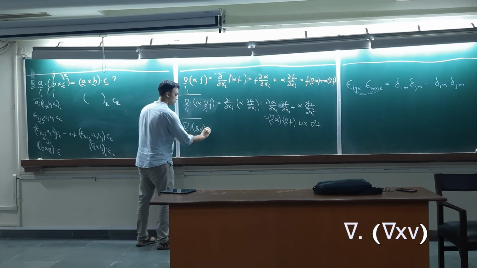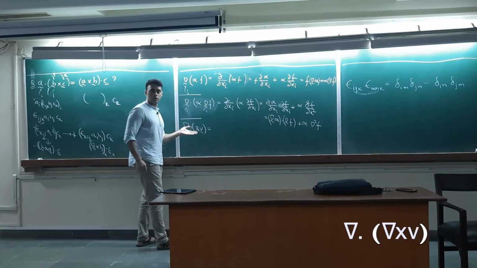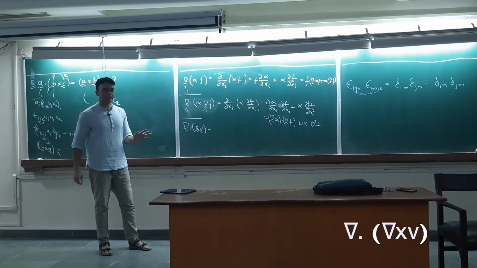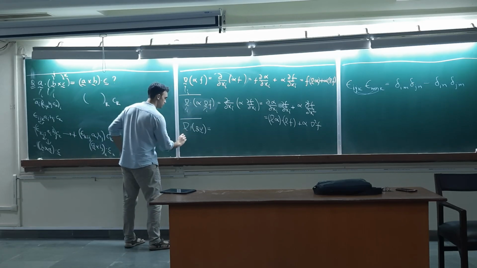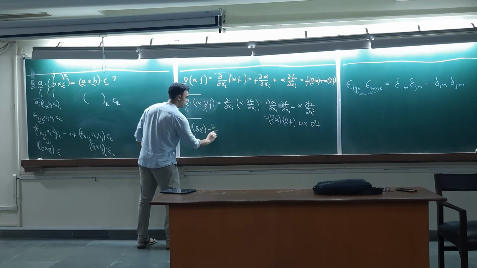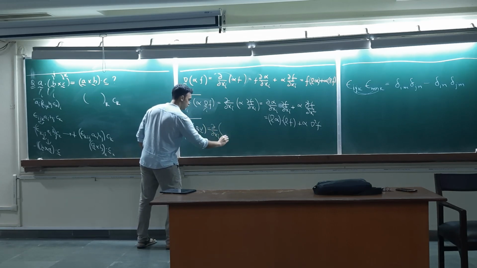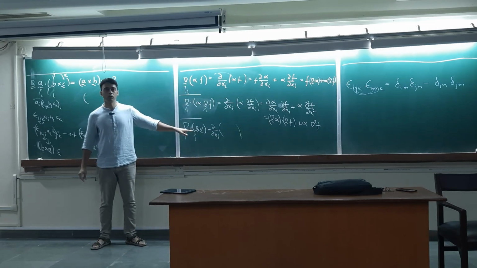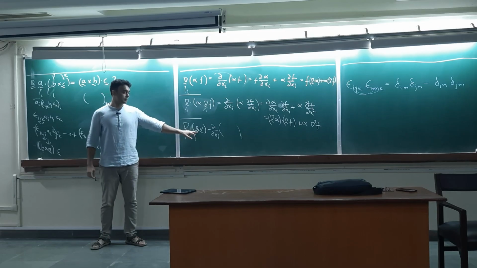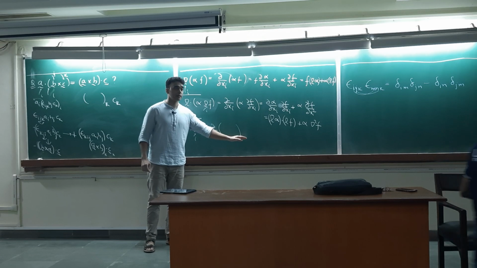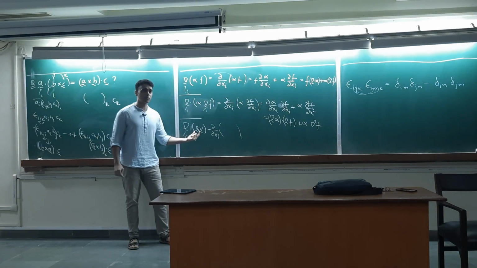So, assigning index, by the way, what is it? Vector or scalar? Scalar, right? So assign i, dou by dou xi, the entire thing should have an index i, but what will we write now? Now you have to tell me. See, the overall index should be i. This is like a cross product.